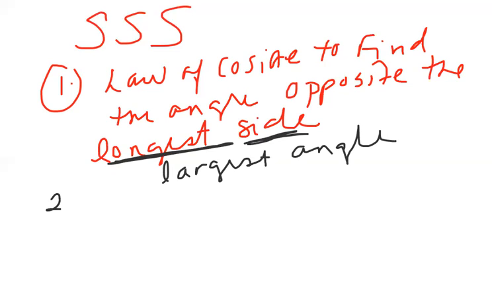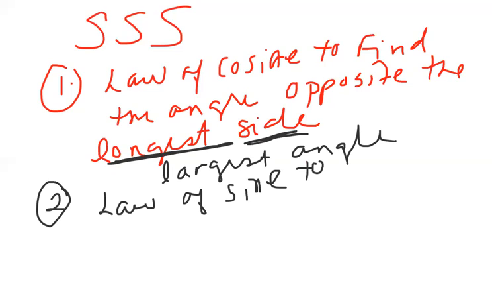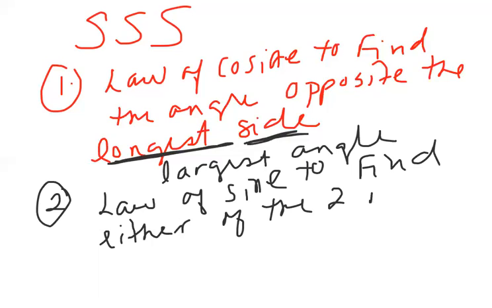Now, step number 2, this time, just like with the previous problem, you're going to use the law of sine to find either one, it doesn't matter which one, of the 2 remaining angles. It doesn't matter which one in this case, guys.